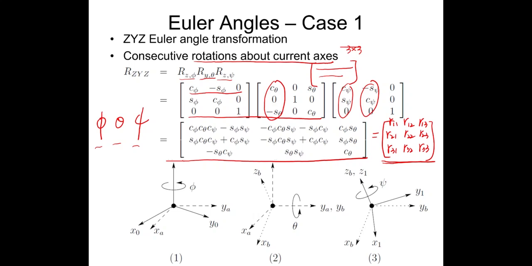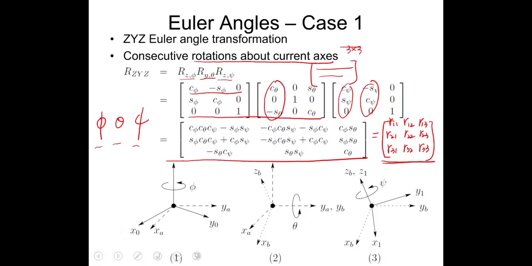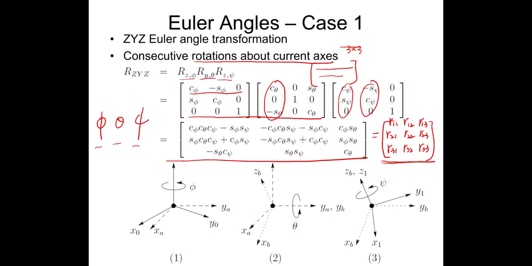Okay? And how do we do the calculation? How to find these 3 Euler angles? Again, I have this final rotation matrix, which we just showed right here, and this equals this matrix. This matrix is calculated by the definition of Euler angle, that is the multiplication of these 3 steps, z, y, z.